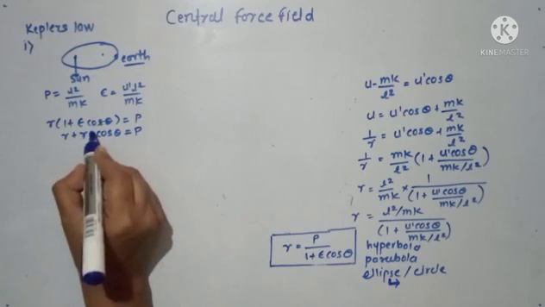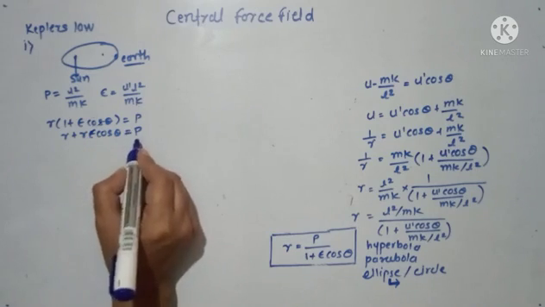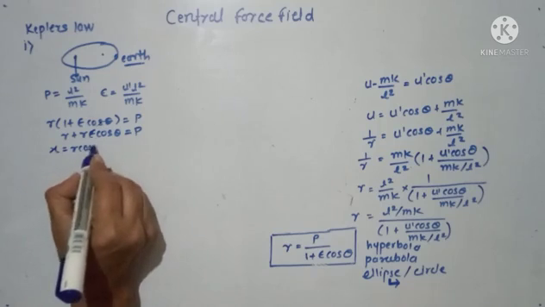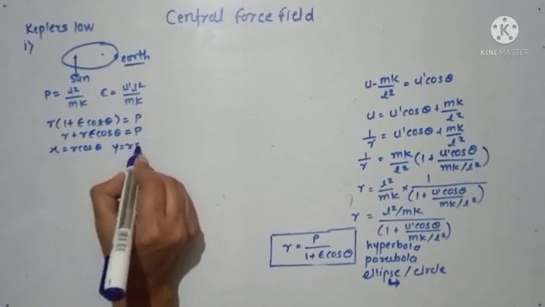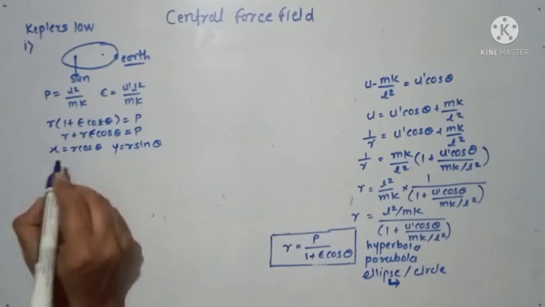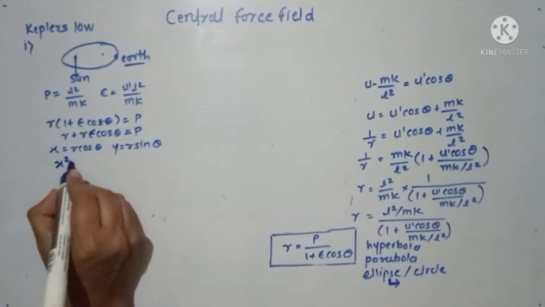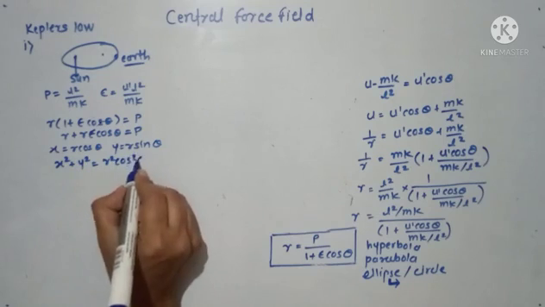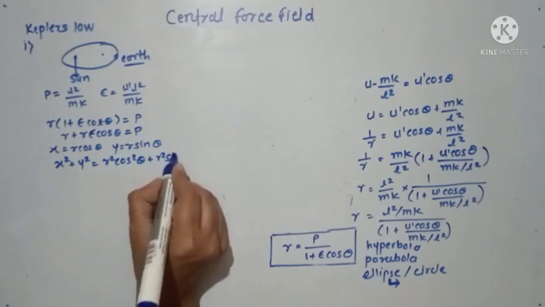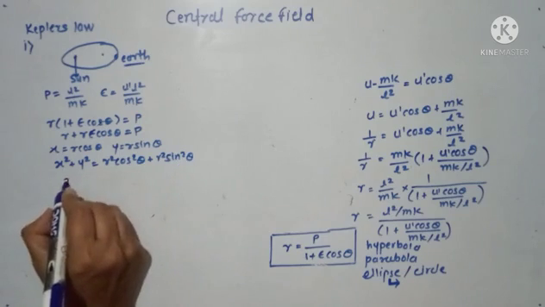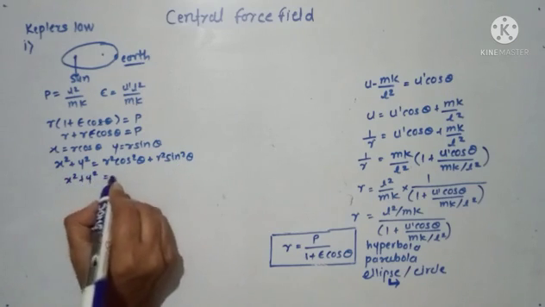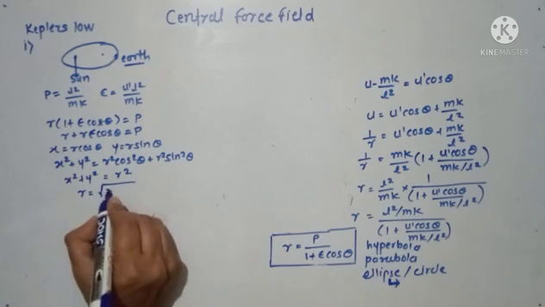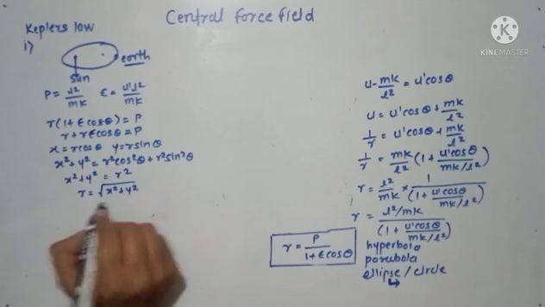If I try to write this equation in a Cartesian coordinate system, we know that x = r cos θ and y = r sin θ. If I square and add, x² + y² = r² cos² θ + r² sin² θ. So x² + y² = r², and now r = √(x² + y²).